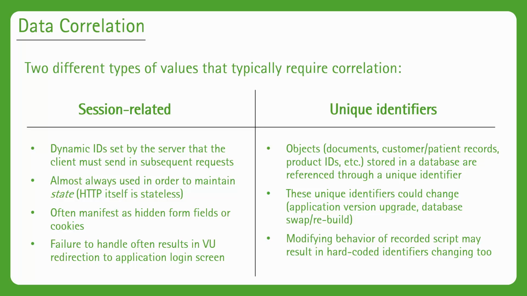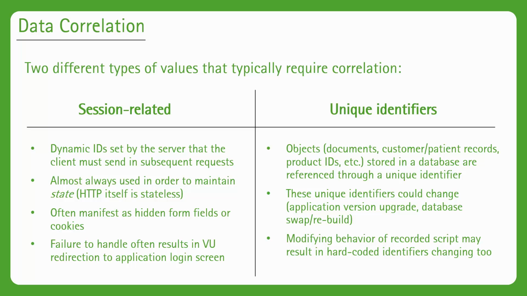These unique identifiers will often end up hard-coded in the script, and that's a problem because those values may change whenever the application changes in some way. For example, two common scenarios where those identifiers change are when the application has been upgraded, so there's been a version drop, some code is changed, but that might have also instigated other things changing, such as those database primary key IDs.